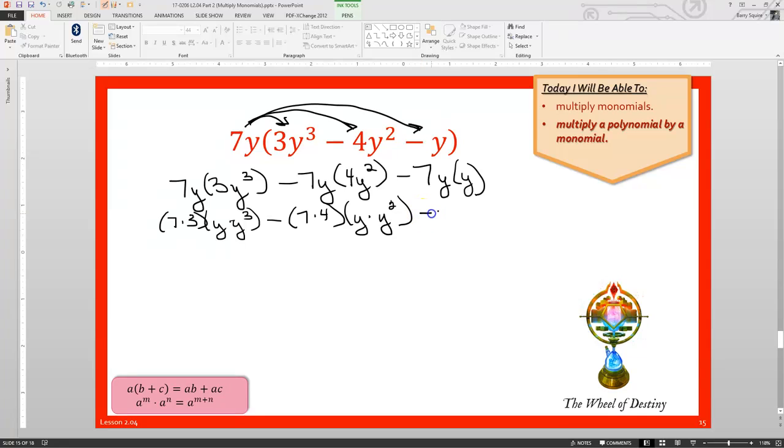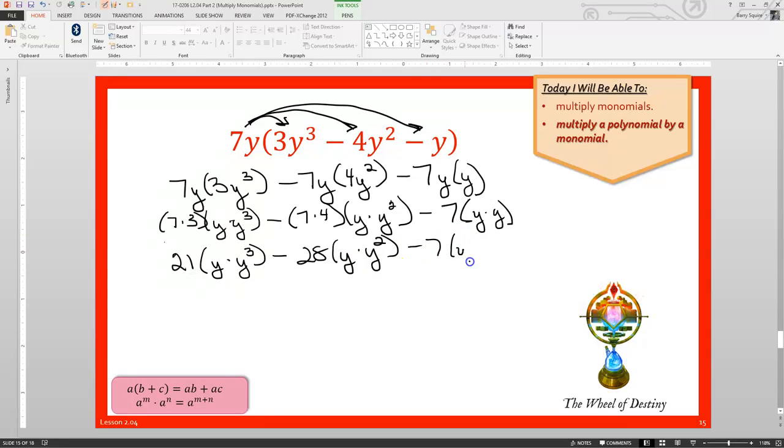Then this one, we only have one coefficient, that's going to be 7, and y times y. So now let's combine our coefficients. Here we get 21 y times y cubed minus 28 times y squared minus 7 times y times y.